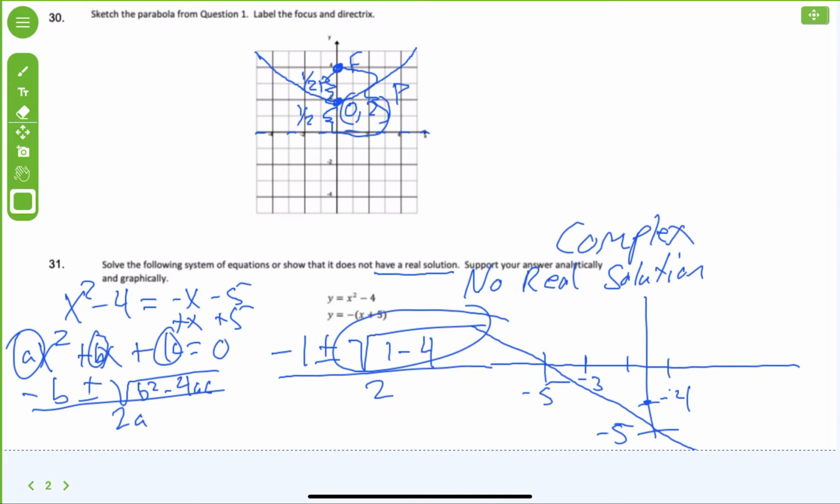So 1 would be -3, and -1 would be -3. Now, if I plug in a 2, I get 0, and if I plug in a -2, I get 0. So we can definitely tell that this parabola is going to look something like this, which means it's not going to touch the line. That's the reason why we have no real solution.